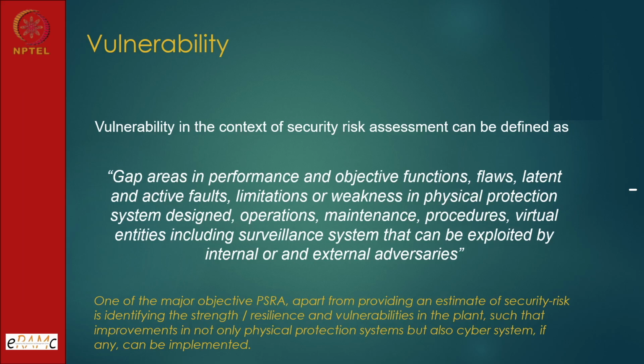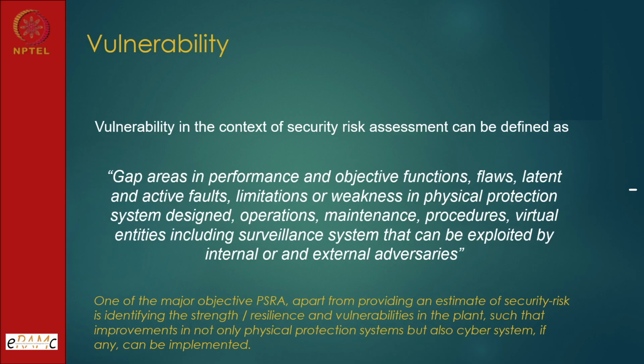Okay. One of the major objectives of PSRA, when we do probabilistic security risk assessment, even though vulnerability is one of the building blocks of PSRA, is that once the analysis results show the vulnerability level, it is an indication of the plant's weaknesses.